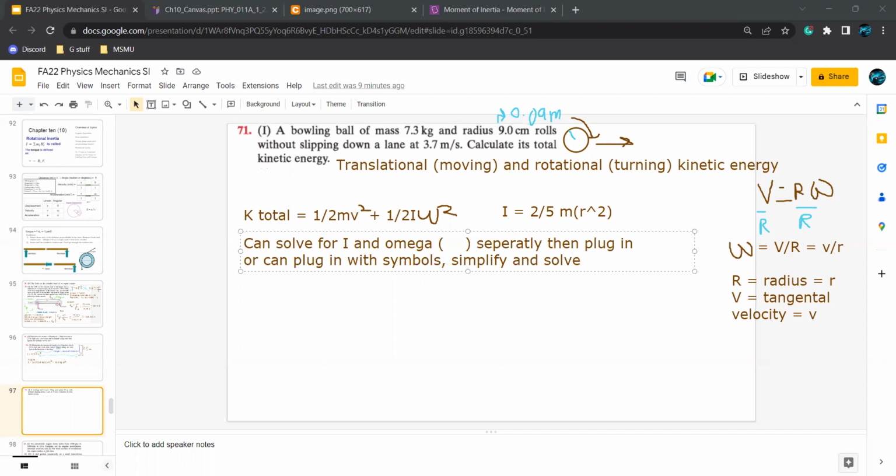Personally, I prefer symbols, so that's what I'm going to do, but I just want to let you know you can solve them separately. So we're going to take this I, put it in here, and take this omega and plug it in here.